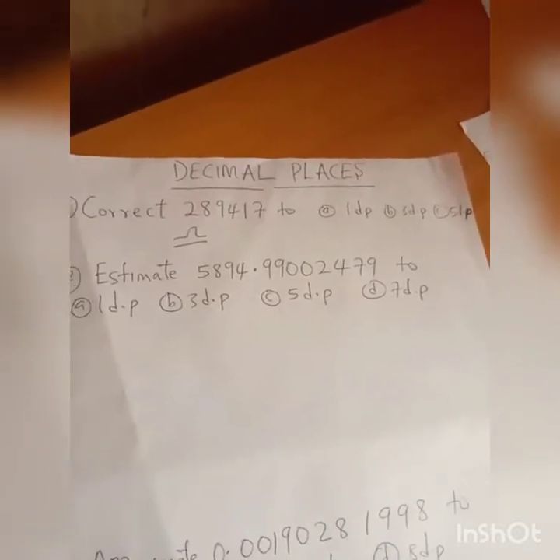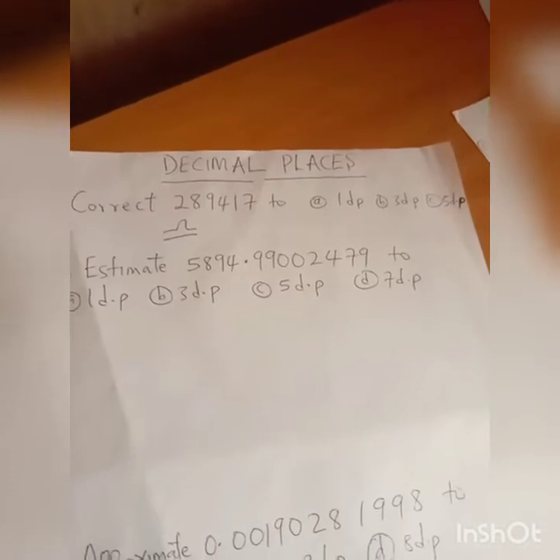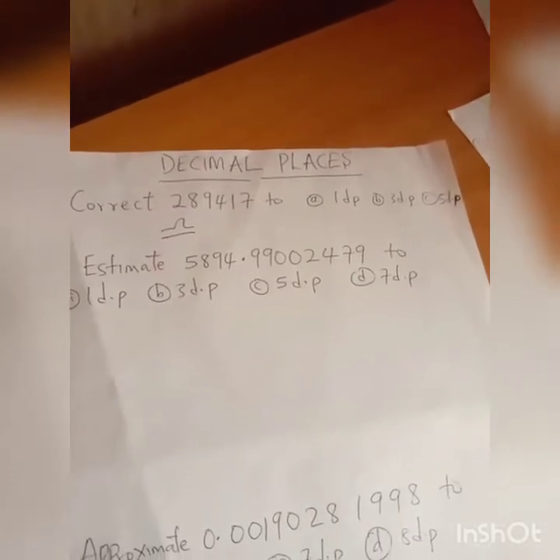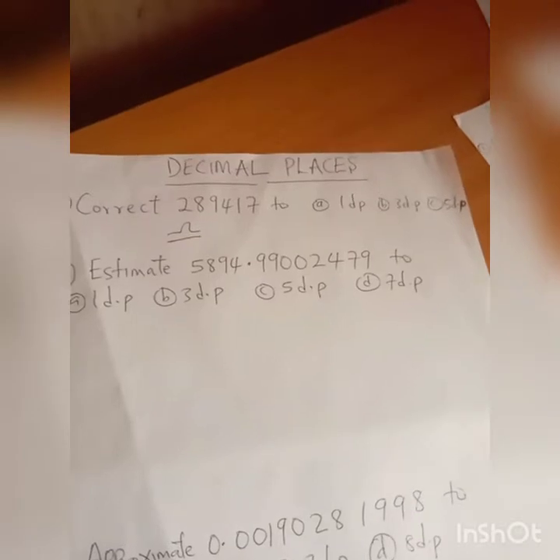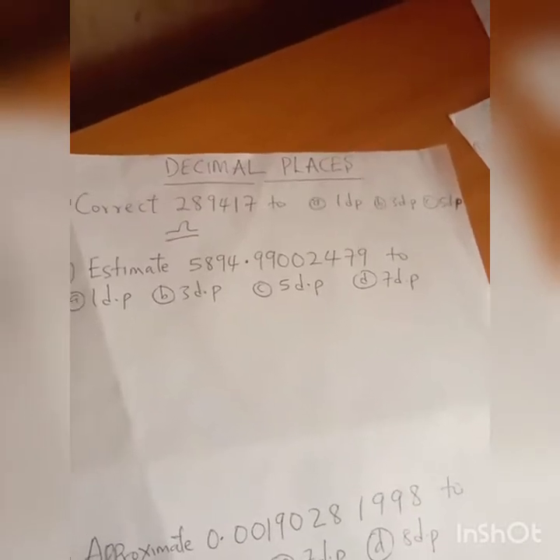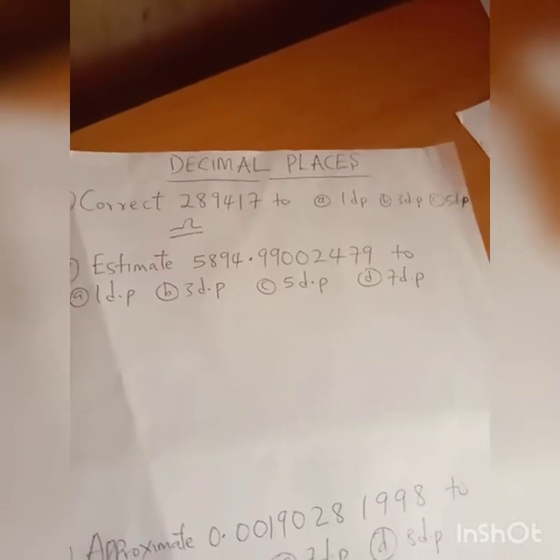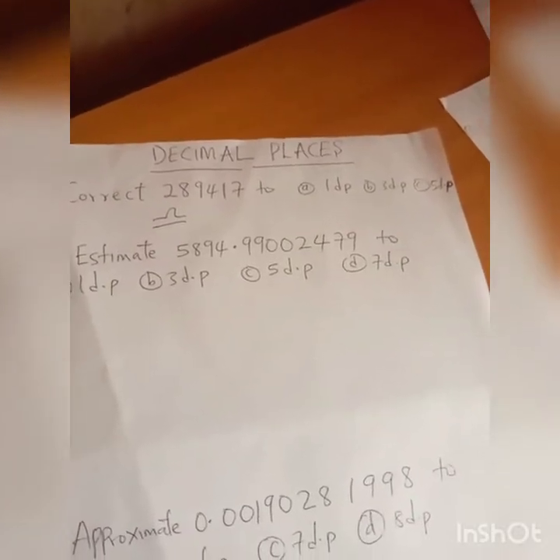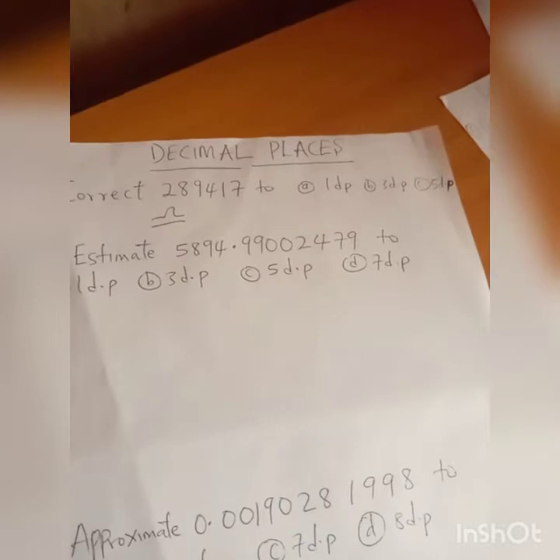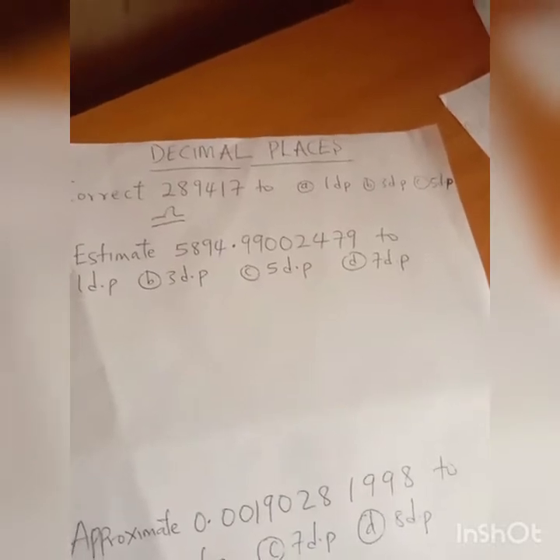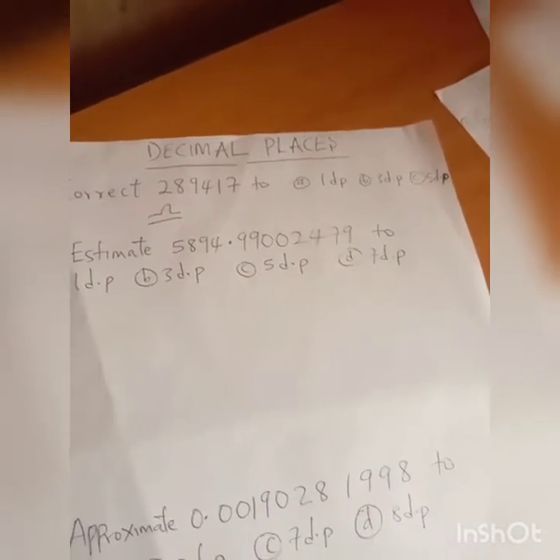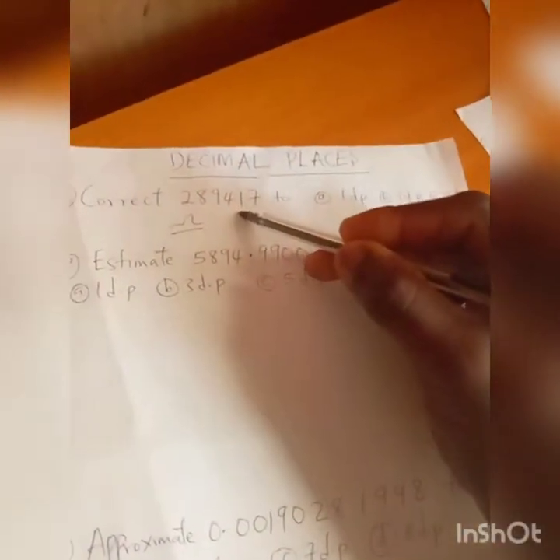Before you do approximation to any given decimal place, that number you are asked to approximate must have a visible decimal point in between any of the numbers. Every given number has one decimal point, either visible or invisible. Like this number you are seeing, it has an invisible decimal point located at the back.